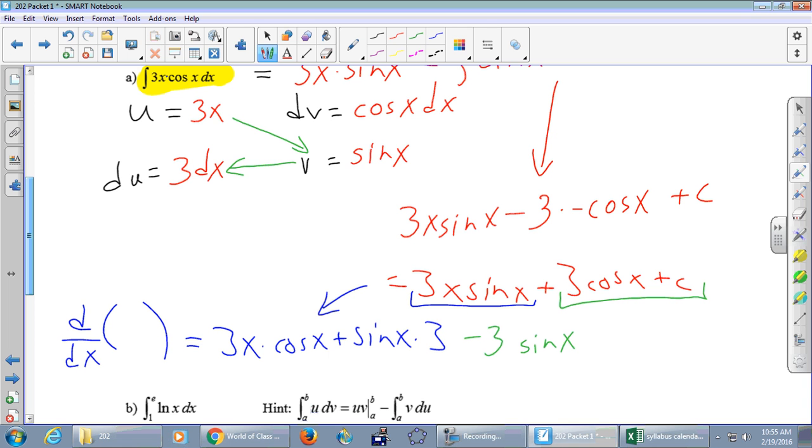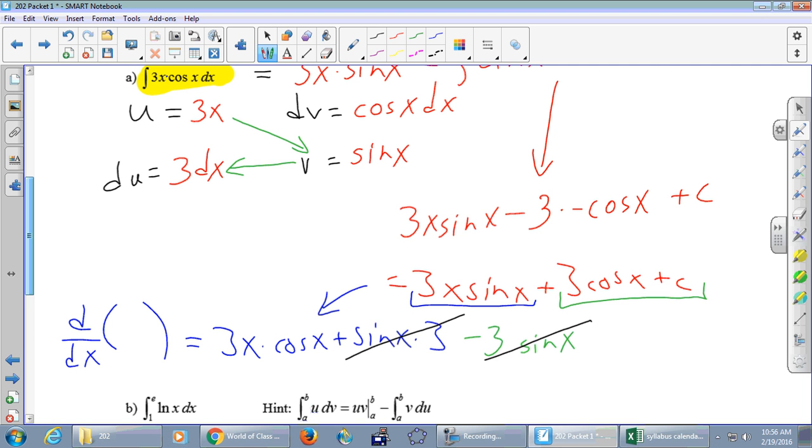And then the plus c derivative is nothing. And what happens when we simplify? The negative 3 sine x and the positive 3 sine x cancel. Well, wasn't that fortunate? And we're left with 3x cosine of x, which should make us feel real good because that's the original integrand, right? That's what we were after. It worked.